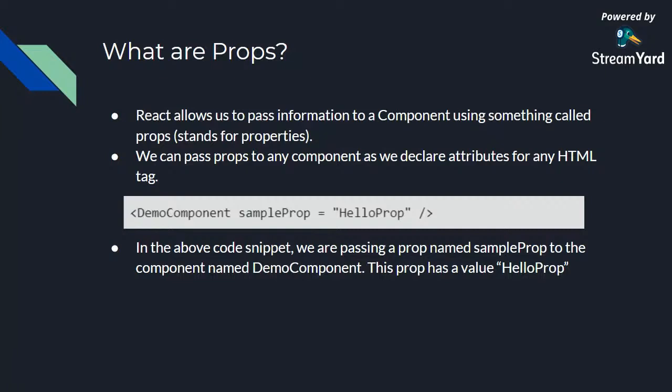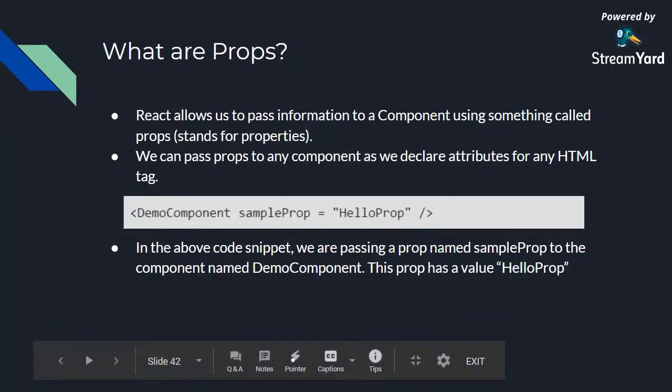Once you log in, you need to pass the logged in user information to the home page, because you need to have communication to make the two components work together, right? So React allows you to pass information to a component using something called props. Props are just a short form of properties.